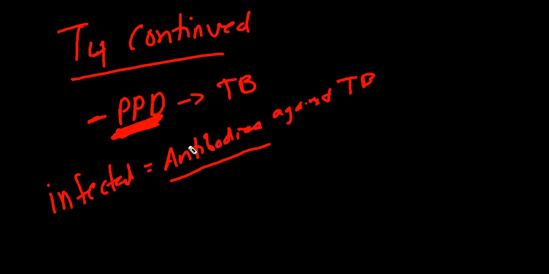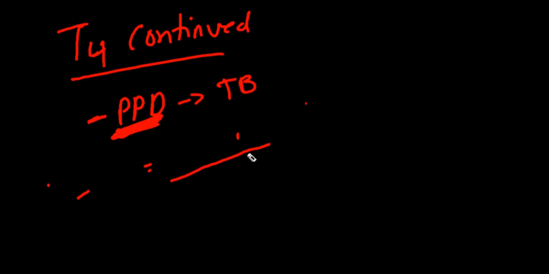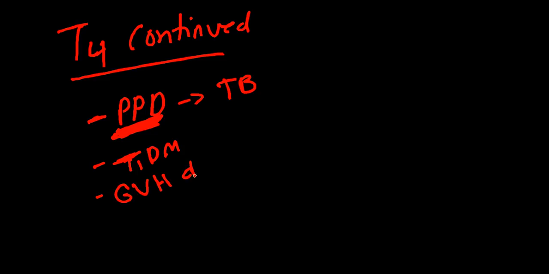I can't keep at this pace, otherwise I'll run out of space. Let's see if I can get rid of that. Okay. So PPD test. What else do we have? We have type 1 diabetes, where you have destruction of your beta cells in the islets of Langerhans within your pancreas. We've also got graft versus host disease. I won't cover that because I know that I'm already going a little late. We've got multiple sclerosis.